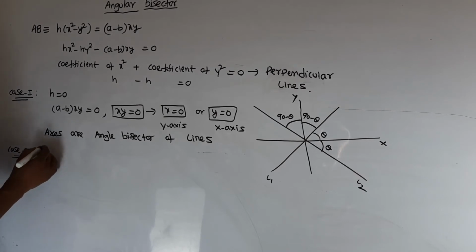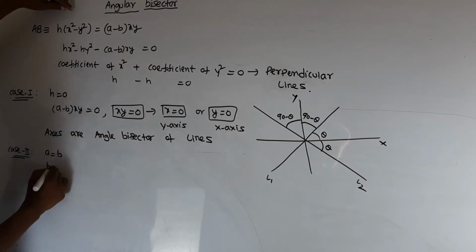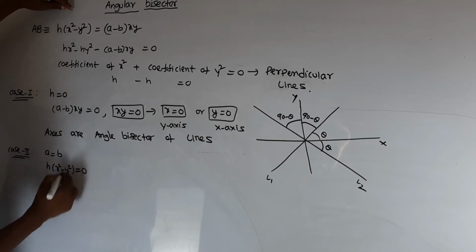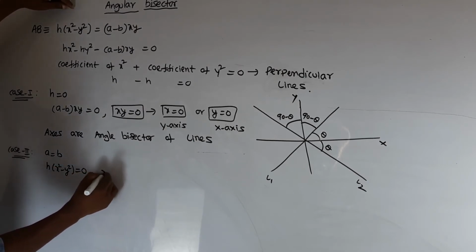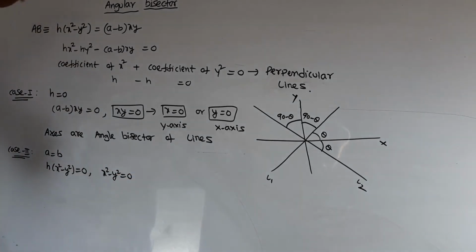Case 2. A equal to b. A equal to b means right hand side is 0. Now h times of x square minus y square equal to 0. So x square minus y square equal to 0. A square minus b square, a plus b into a minus b.